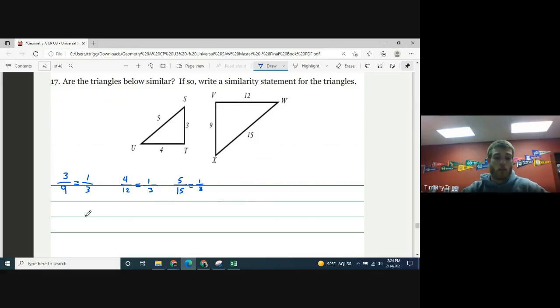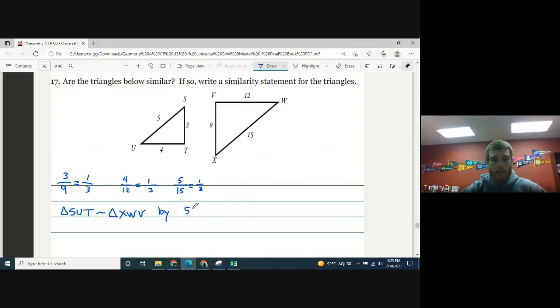So we can say for sure, triangle SUT is similar to triangle XWV by what?